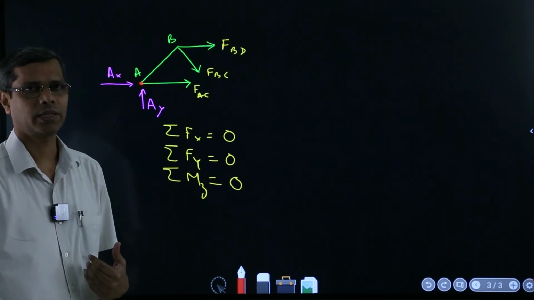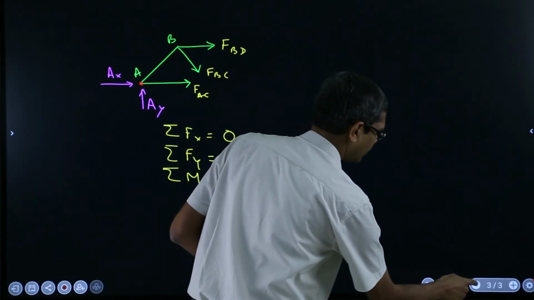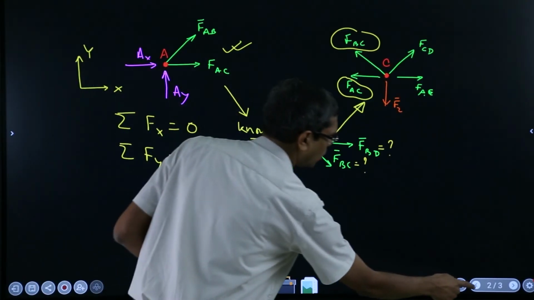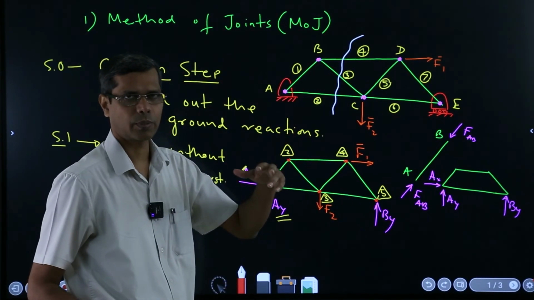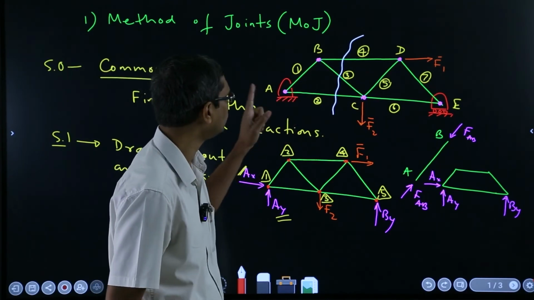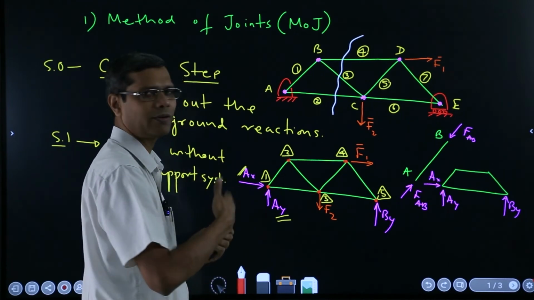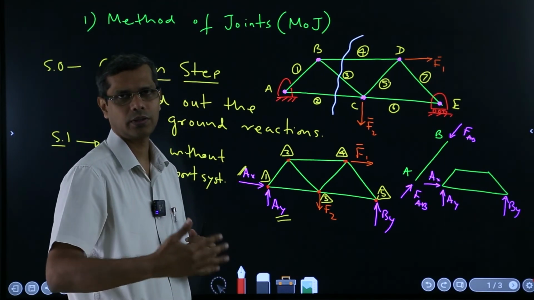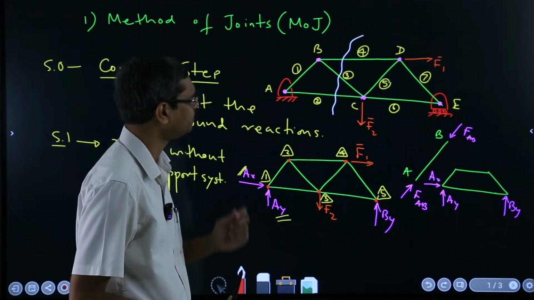So it's a quicker method, especially if you are not intending to solve for all the member forces. Suppose you are interested only in this member force, then why go for solving everything? Because in method of joints you will have to solve joint by joint, and move from joint to joint to cover the full truss.